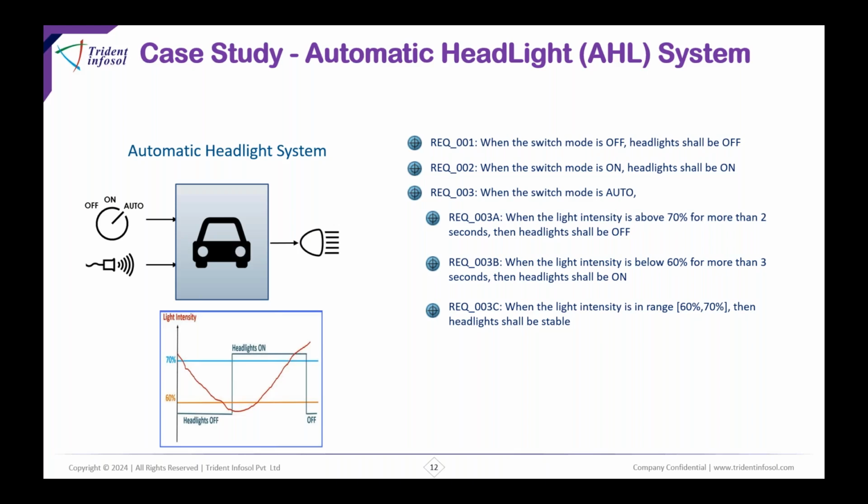Based on these input conditions, the headlight will be in the off state or the on state. Here we have defined three to four requirements for this AHL system. But how do we ensure that the specifications are correct, consistent, and complete? The requirements here are captured as text, so we can move to the next slides and see it in the demo.